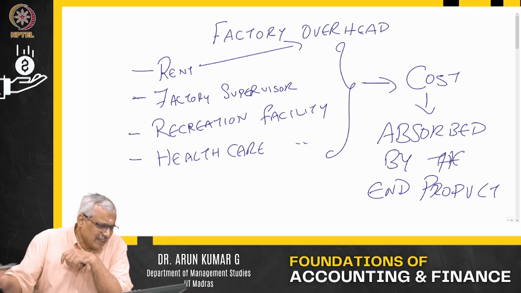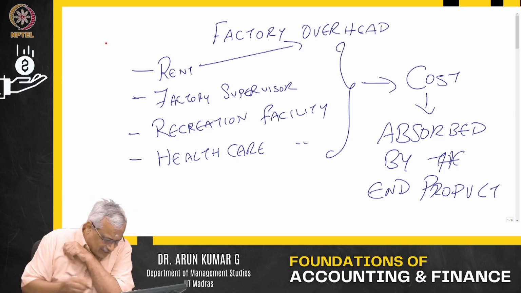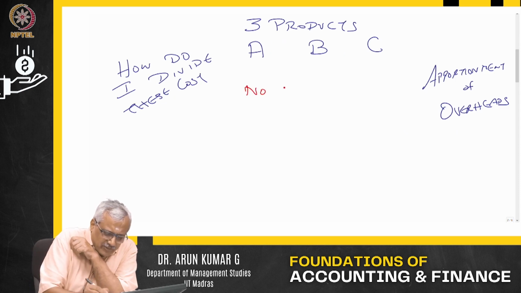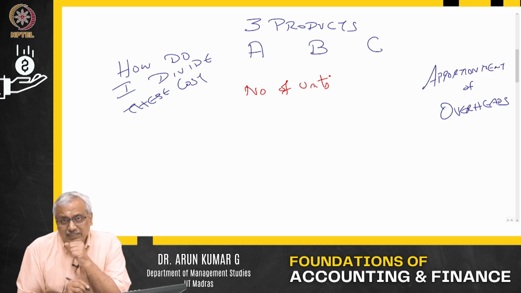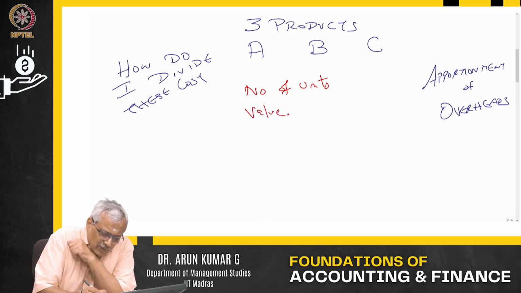Do I divide it on the basis of what? Somebody says, divide it on the basis of number of units. Yes, possible. Why should it be number of units? Why can't it be value per unit?